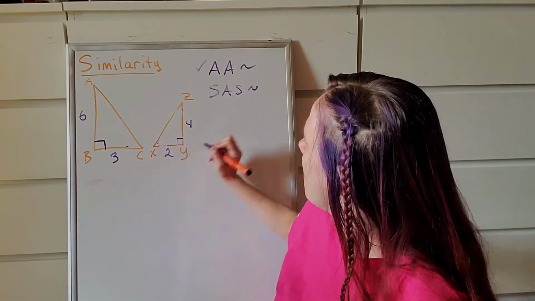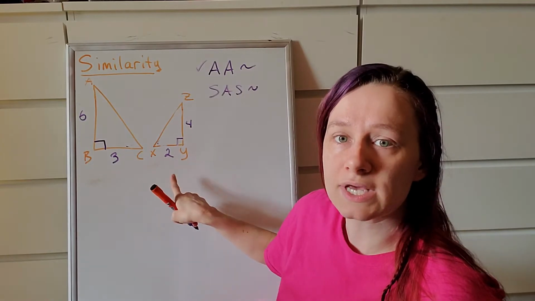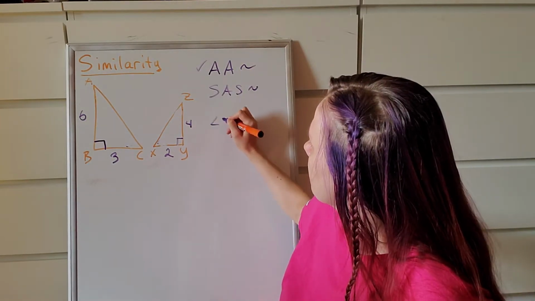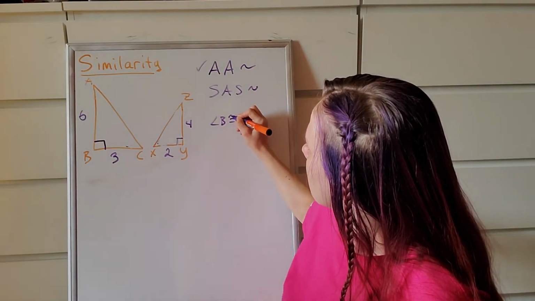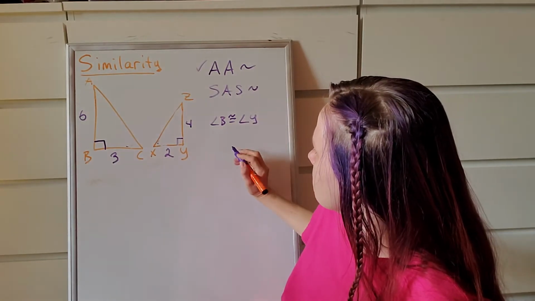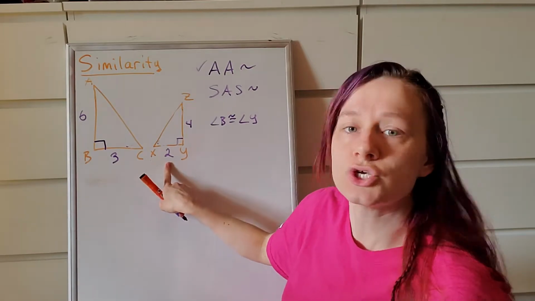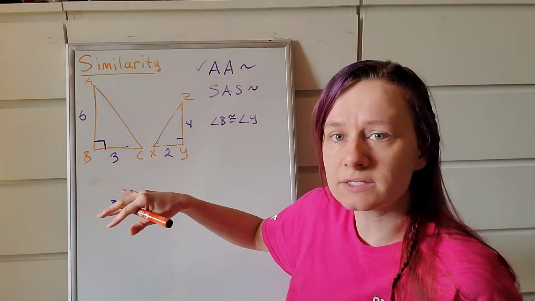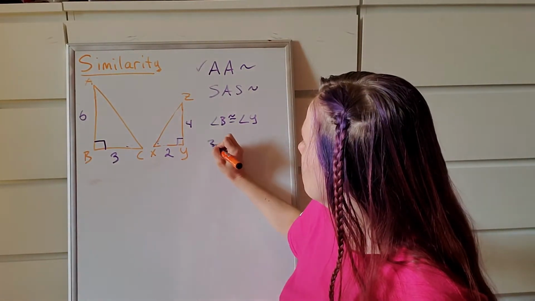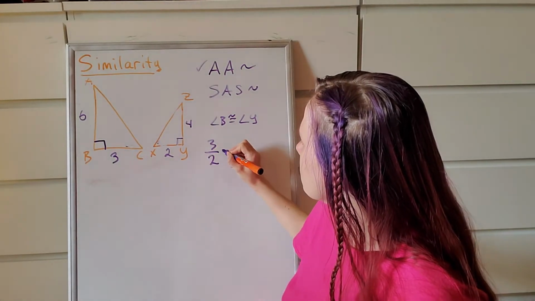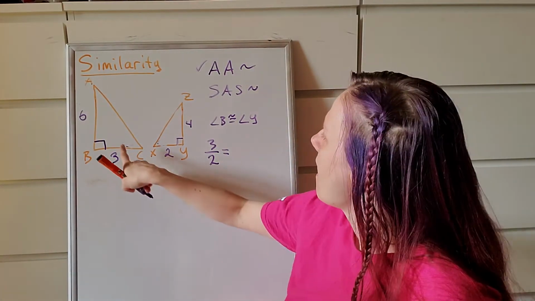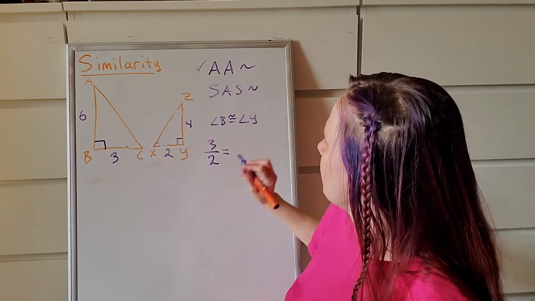So I know that angle B is congruent to angle Y. And so 3 and 2 are the smaller of the 2 sides that I know. So I'm going to do 3 over 2, and then 6 over 4.